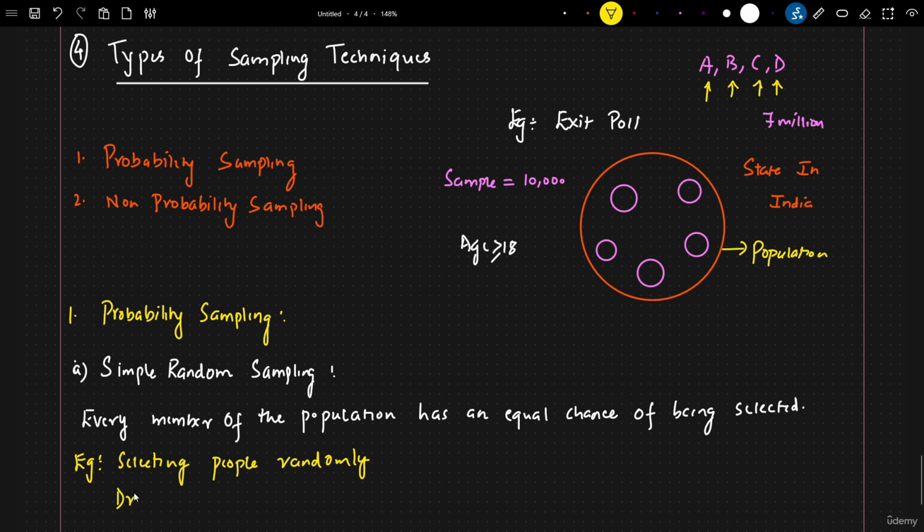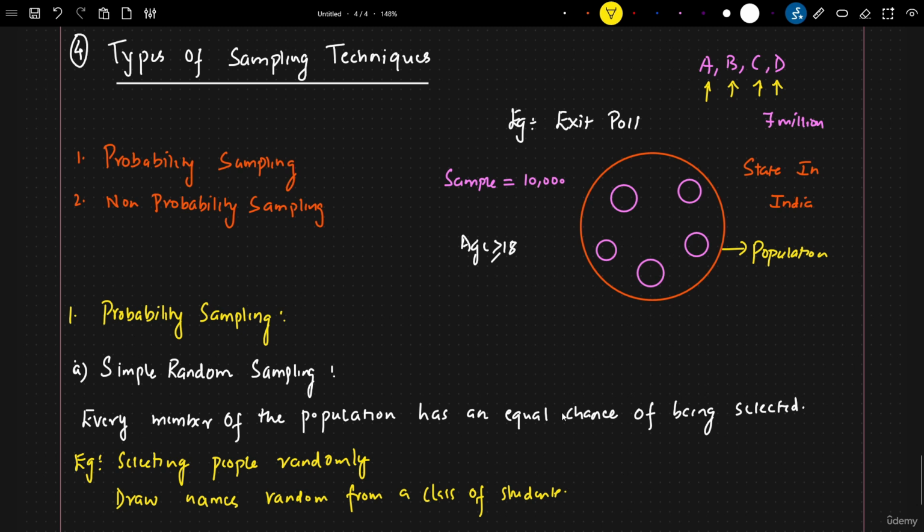I have all the chits in my desk, and I randomly select a person's name. So I draw names randomly from a class of students, and any one can be selected.